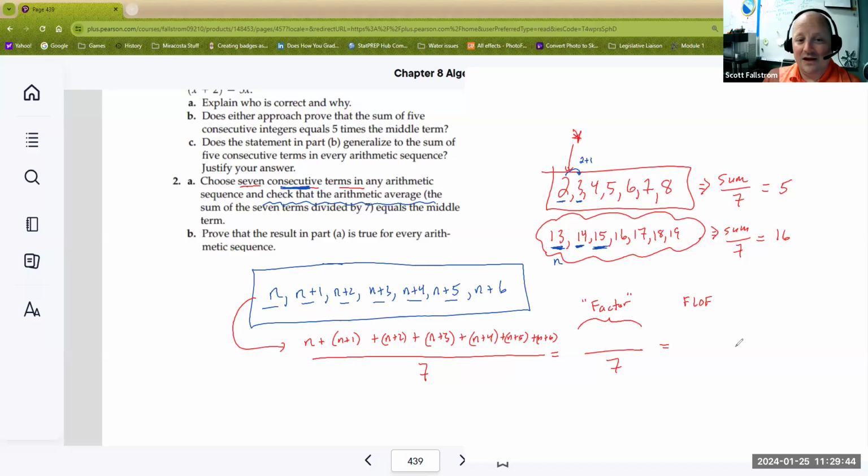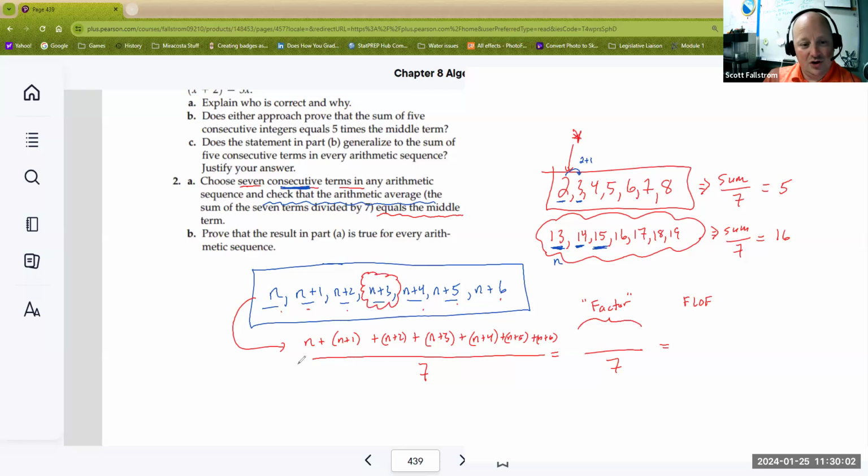And at the end of the day, if you did this correctly, the goal is it's supposed to equal the middle term. Well, let's see here. The middle term would be 1, 2, 3, 4, 5, 6. So go in 3, go in 3. So the middle term should be that.